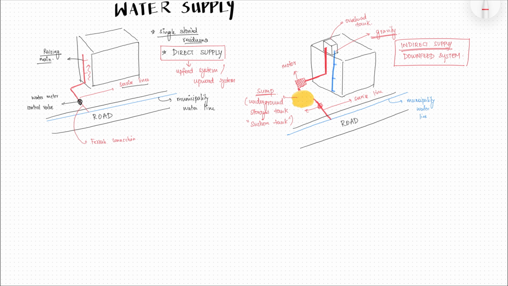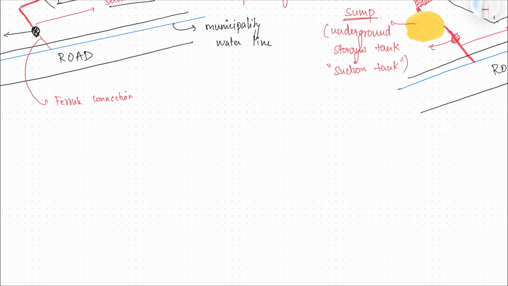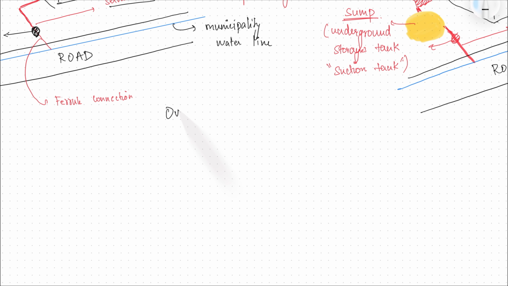And now let's talk about other types of tanks that are there. So you have your overhead tank or header storage system.